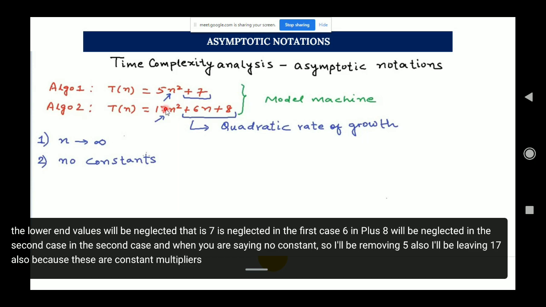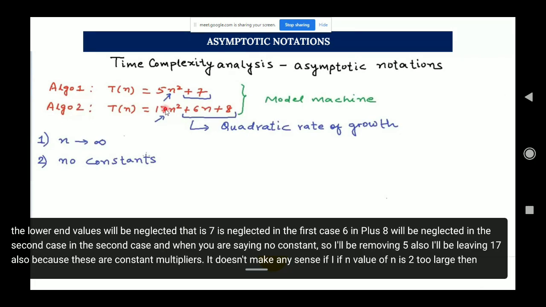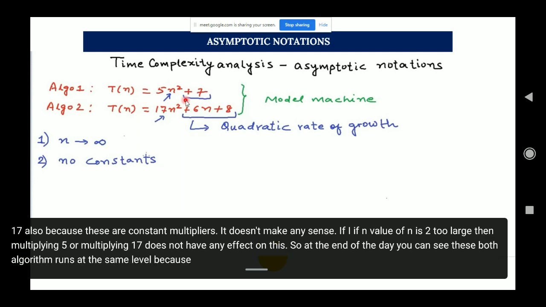It doesn't make any sense. If value of n is too large, then multiplying 5 or multiplying 17 does not have any effect on this. So at the end of the day, you can say these both algorithms run at the same level, because they both have the rate of growth as quadratic, that is n square.